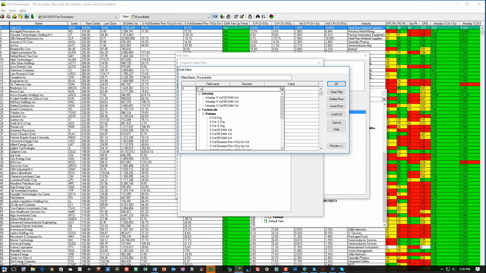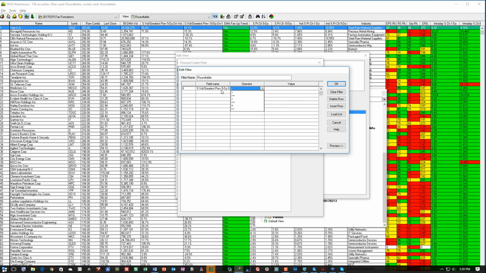Percent volume divided by the previous 5-day down volume is greater than 0. That is a 5-day pocket pivot.